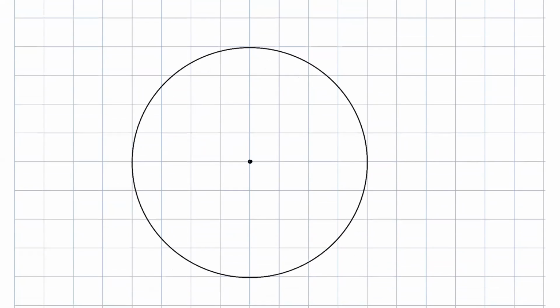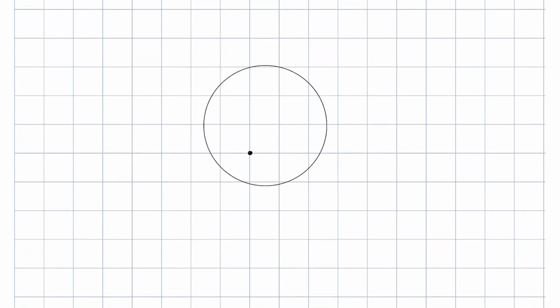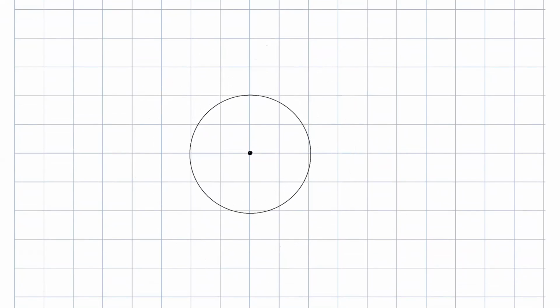So at this moment, the source emits this wave. Let me make this a little bit smaller. Right, it emits this wave S1. And then the source starts to move over to this position, S2.